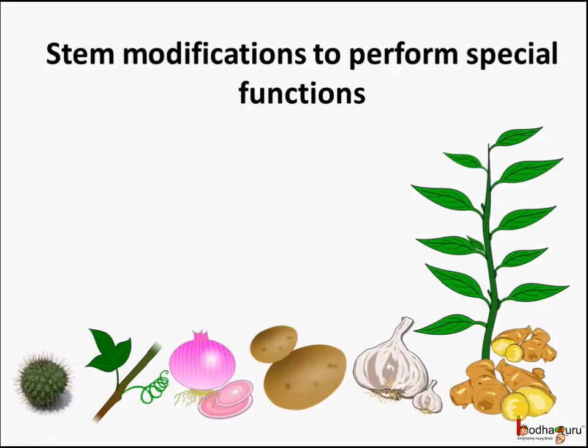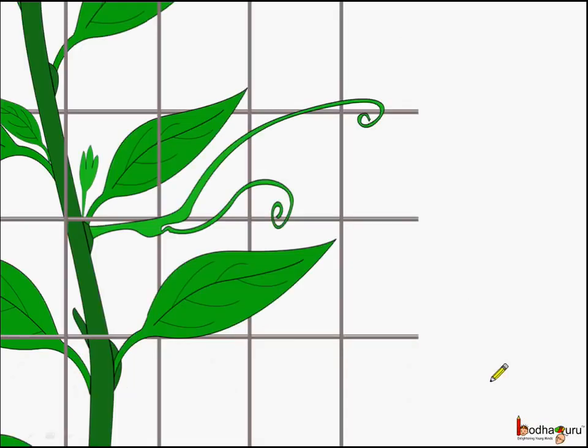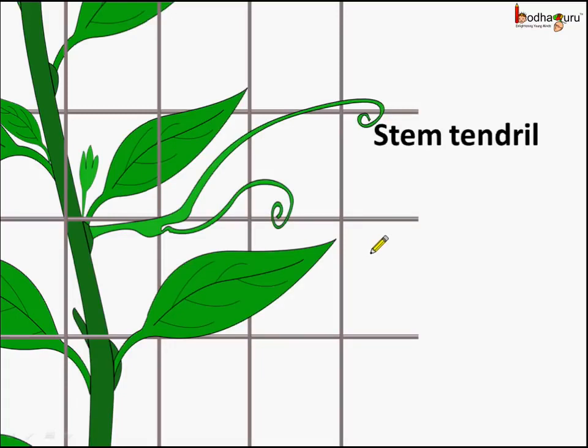Now let us see the stem modifications which are there to perform special functions. What do we see here? Here we see tendrils. And what are these? Actually, these are the modified stems.